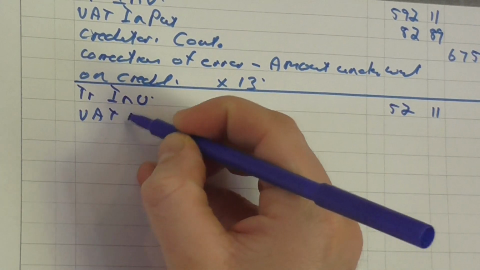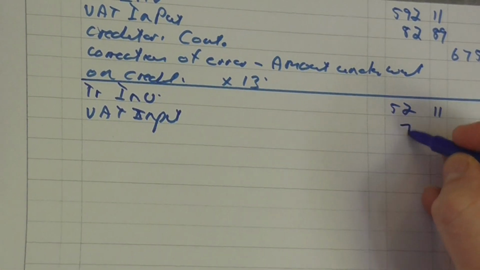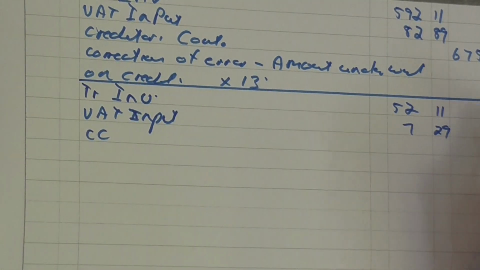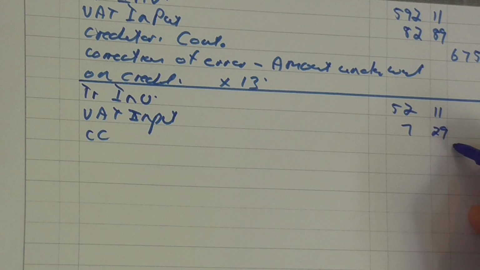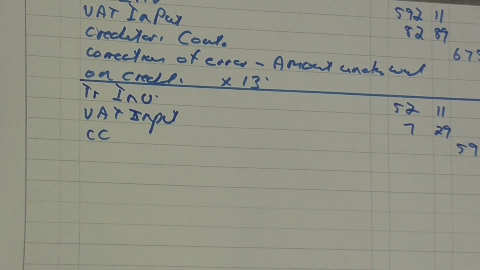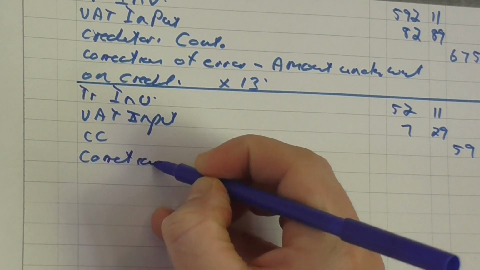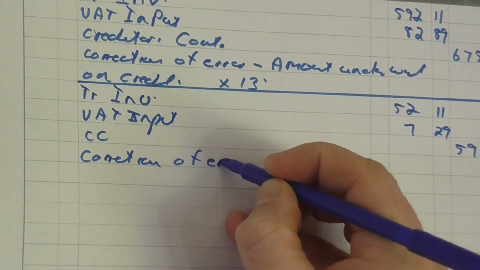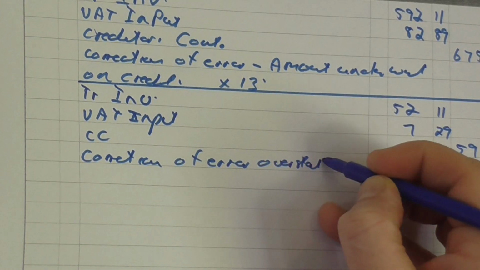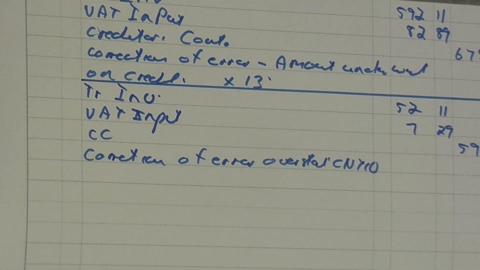VAT input gets debited by 7.29, and then your creditors control gets credited with 59.40. So it's again correction of error: overstated credit note T10.